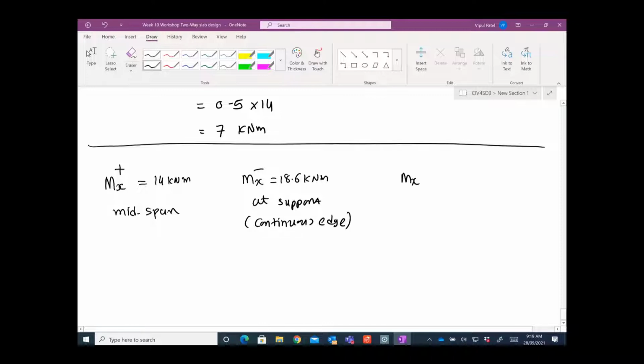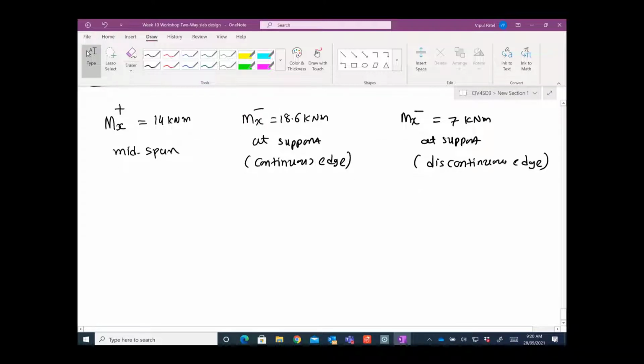And we have another negative, which is 7 kilonewton meters, which is at support again, and that would be your discontinuous edge. Right, I hope you understand that.